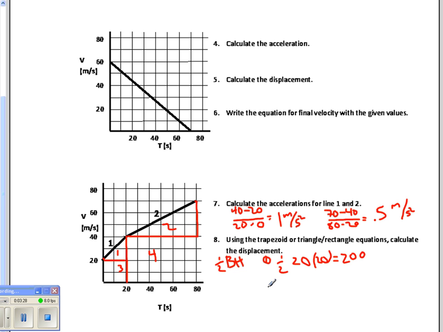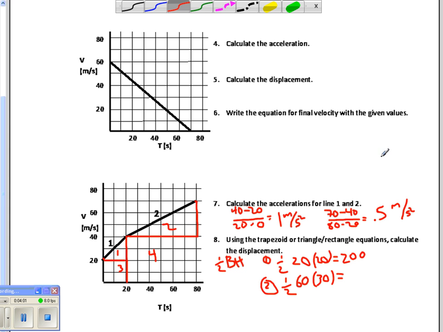For the second triangle, again, 1/2 base times height. My base goes from 20 to 80, so my base is 60. My height goes from 40 to 70, so my height is 30. And my area of that triangle is going to be 900.